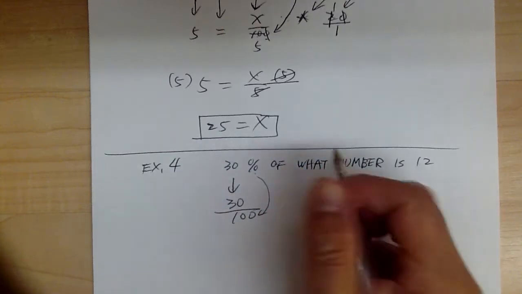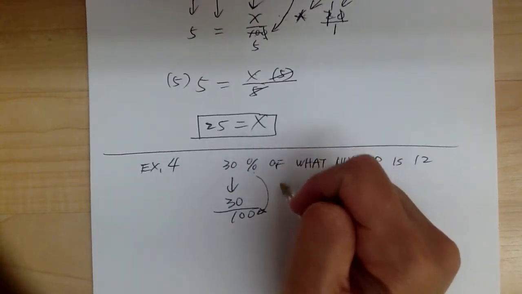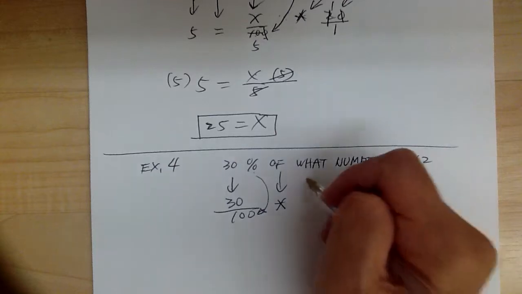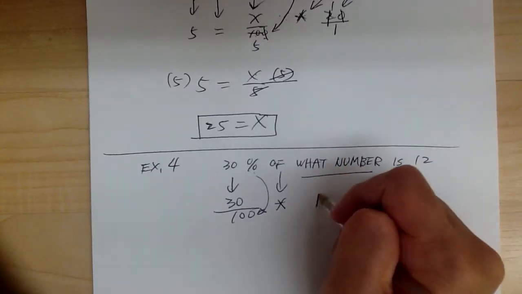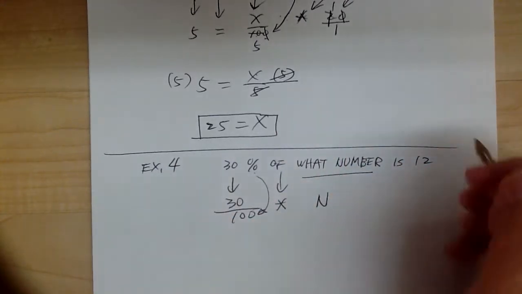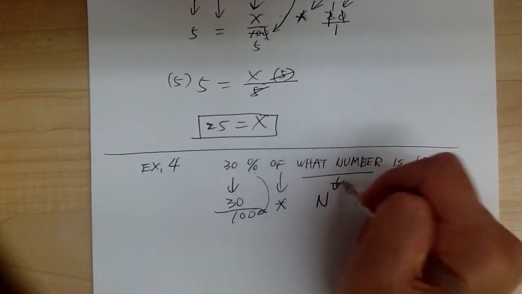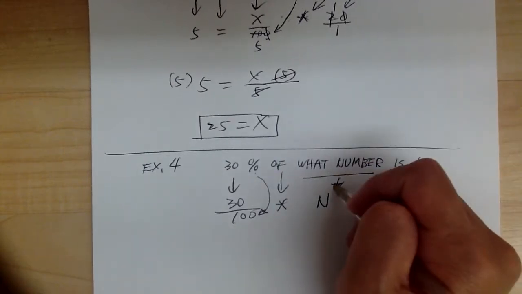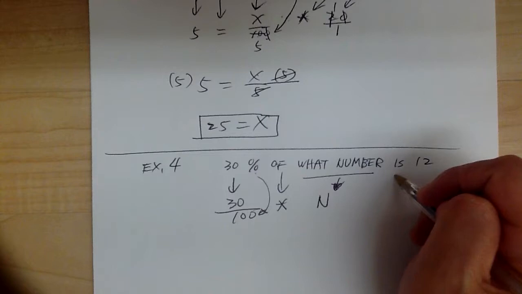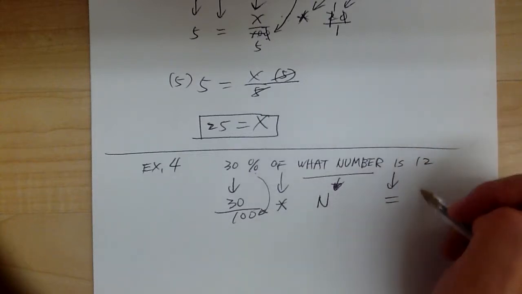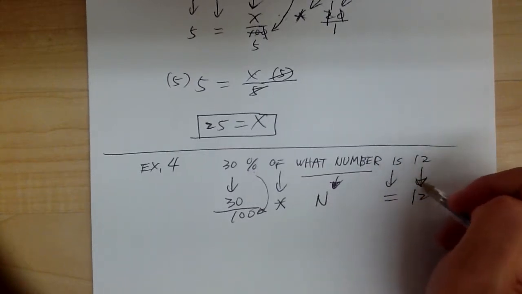That's what that means. Of means multiply. What number? Let's call it n. Again, you can use any letter. Is means equal. 12 means 12. So again, you see how to translate?